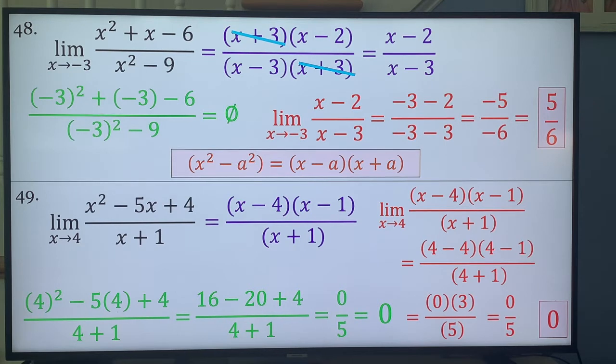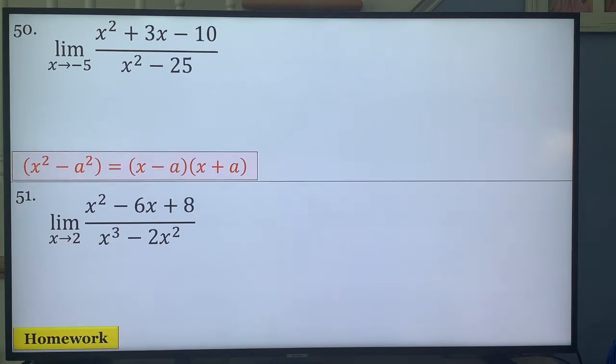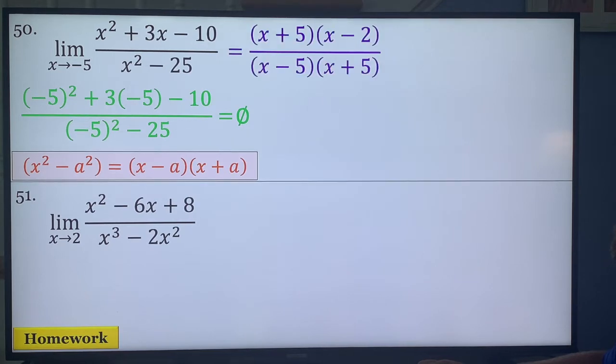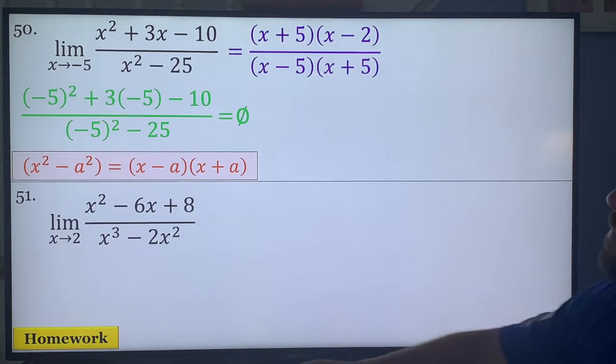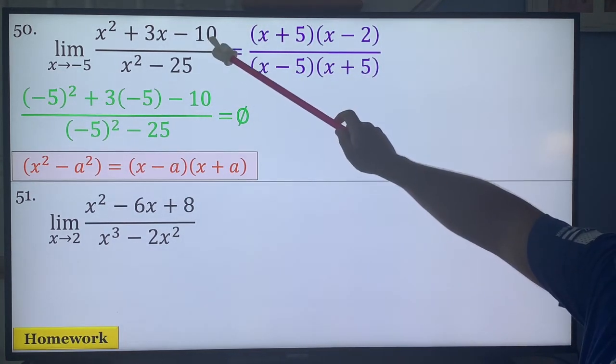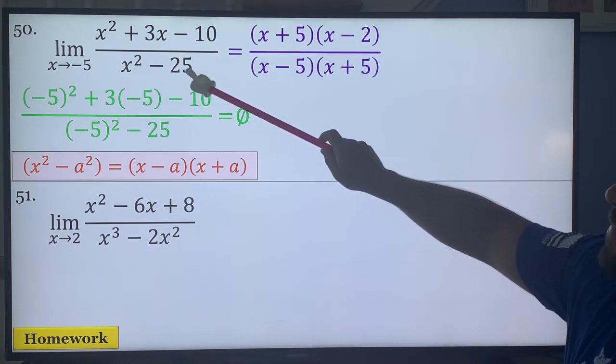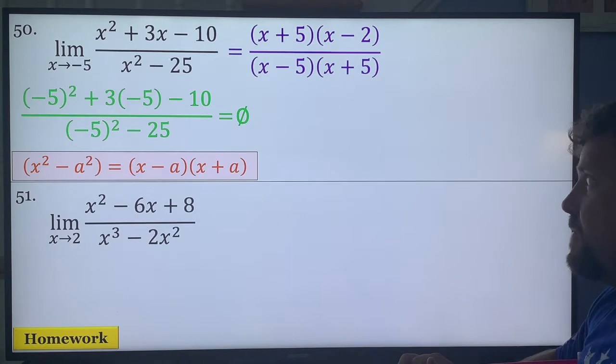Let's see. 50 minutes in almost. All right, problem number 50. Ready? Type in -5. This was your homework. This one is undefined. You can factor out x plus 5.